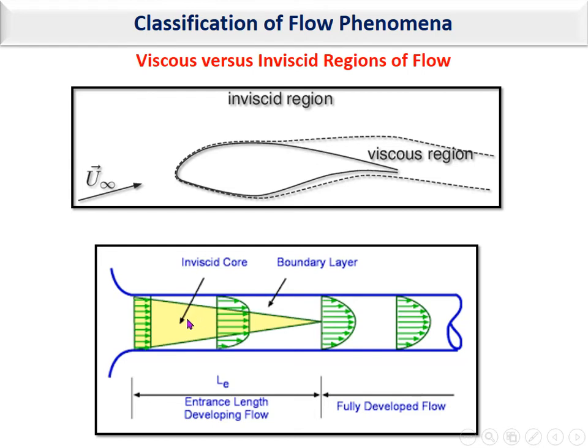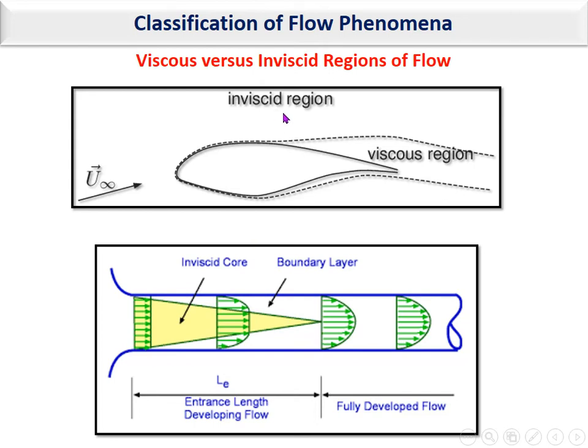Okay, come back to the question here. The flow velocity in the r direction here, as you can see, is not different. The flow in this region where the velocity is constant in the r direction is called inviscid region, while the flow in the boundary layer where the effect of the wall dominates, because why is the velocity changing here? Because of the effect of the wall and the viscosity, is called viscous region.